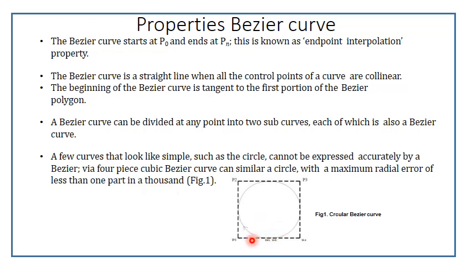A Bezier curve can be divided into any number of subcurves, which are also Bezier curves. In this diagram we can see a circle which can be divided into 4 quadrants of curve to make a circle. A Bezier curve can approximate a circle with a maximum radial error of less than 1 part in 1000. So it looks simple. A simple circle can be divided into 4 quadrants, which form a Bezier curve.